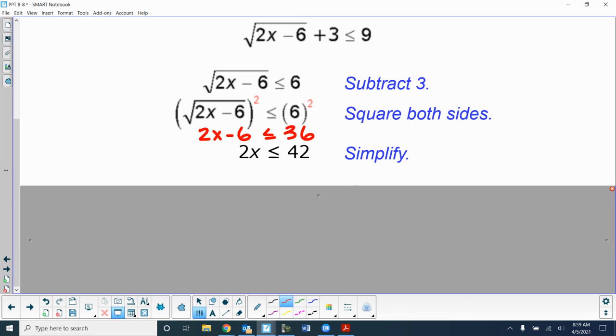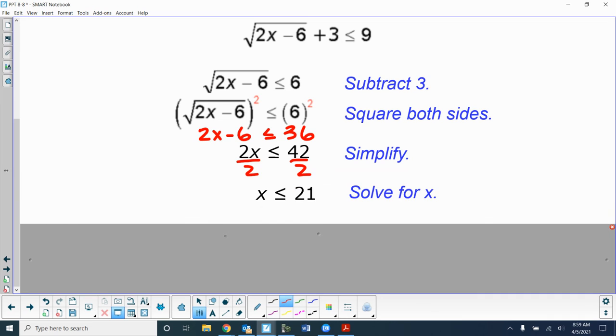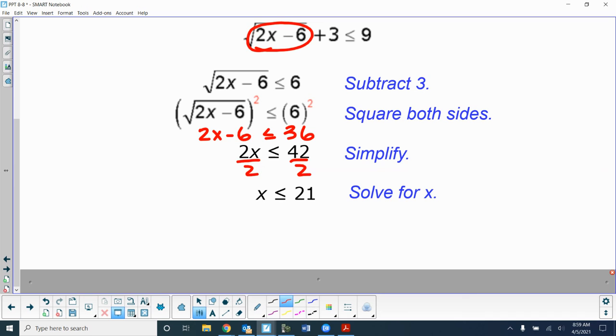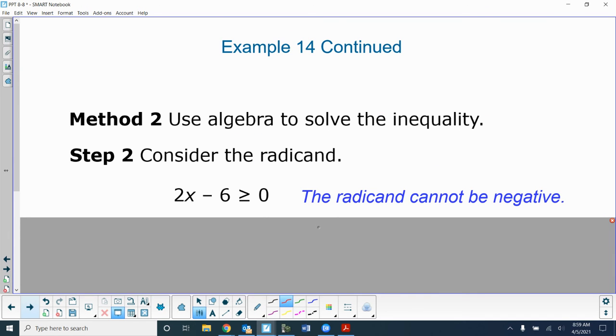All right, so what's the answer here? 21, right? That's part 1. There's 2 parts to this when it's the inequalities. What type of number is this not allowed to be? Negative, right? So what we do, I don't know if they do it. Yeah, it's on the next one. What's this mean?